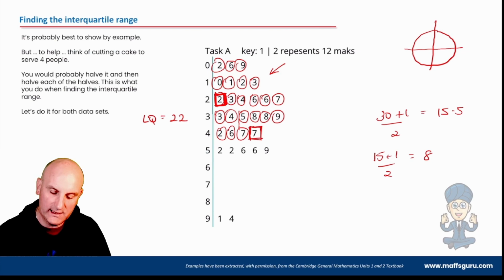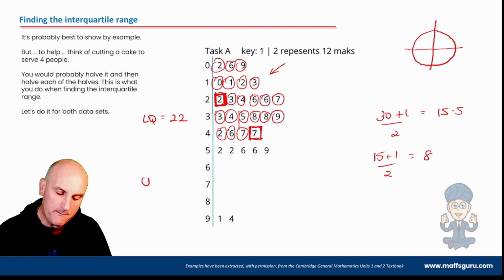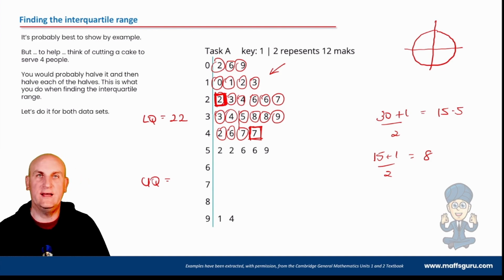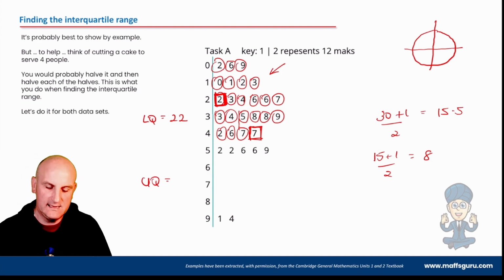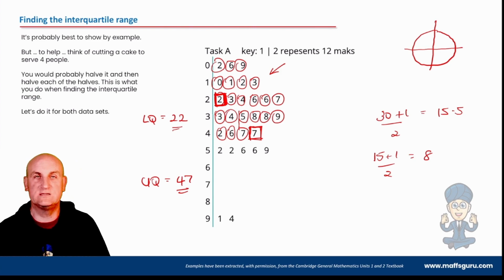Let's check it's the same from the end: 1, 2, 3, 4, 5, 6, 7, 8, that's 47. So my upper quartile, the half of the top half, is 47.